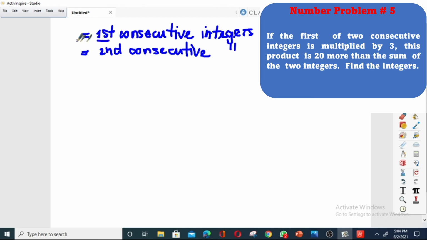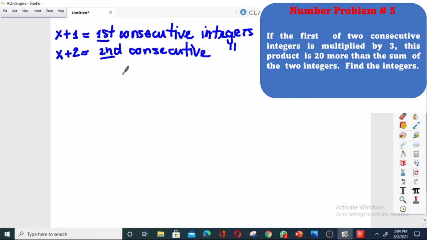Okay, so first consecutive, the word here is first. So this is 1. First, x plus 1. And then definitely the second consecutive is x plus 2. Okay, so that is our representation of the first and second consecutive.